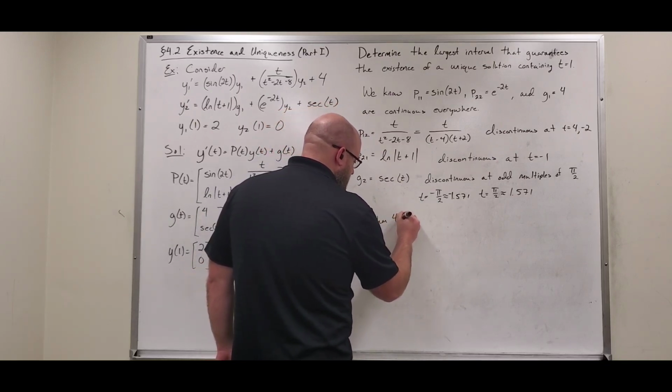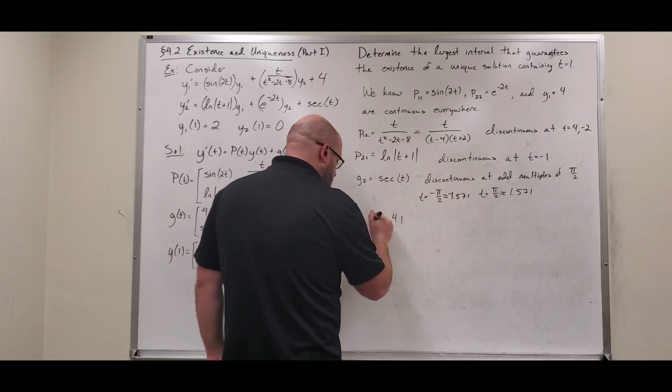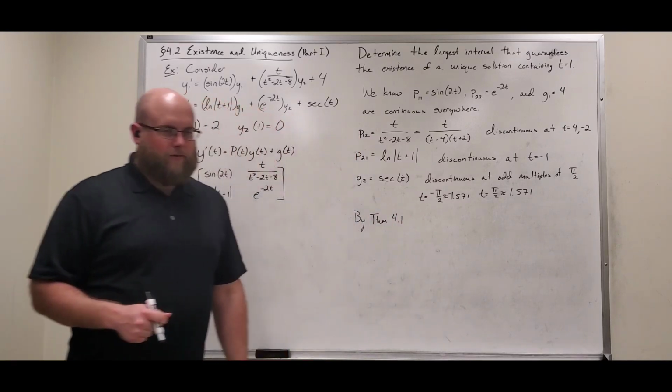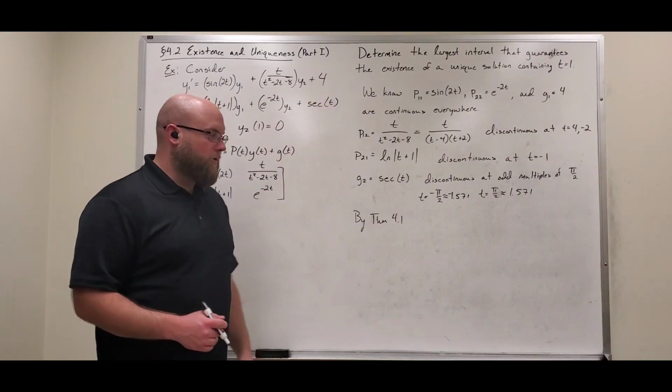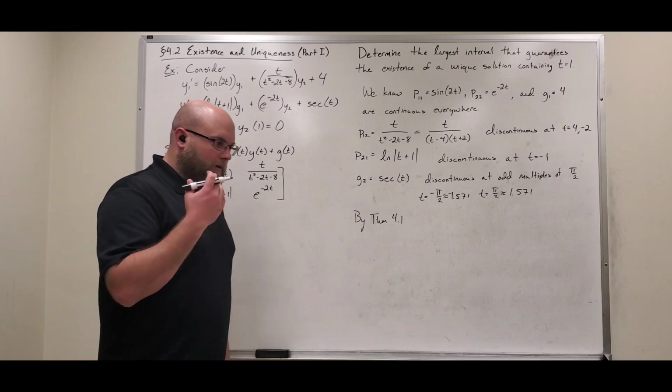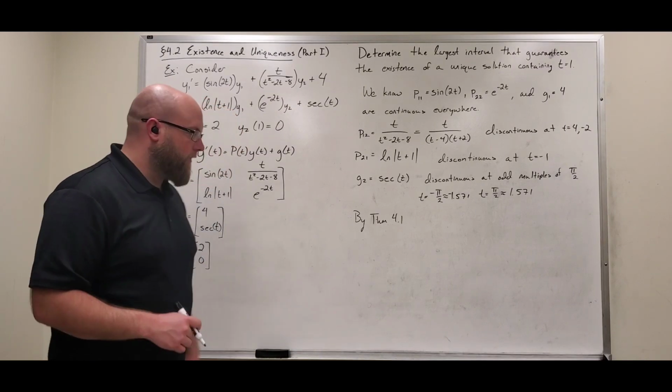So, by theorem 4.1, and since you guys are at home and you're going to have a take-home test for this, yeah, I'm going to ask you to put what theorem you're using here, because I want you to go back and understand what we are talking about here. And these guys are not bad.